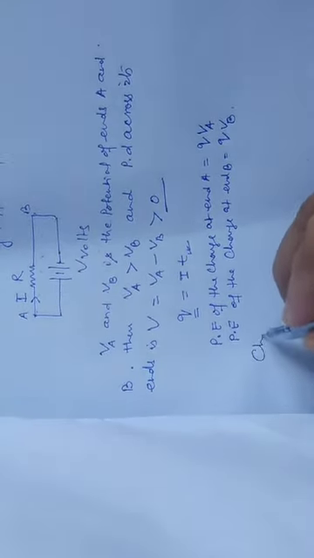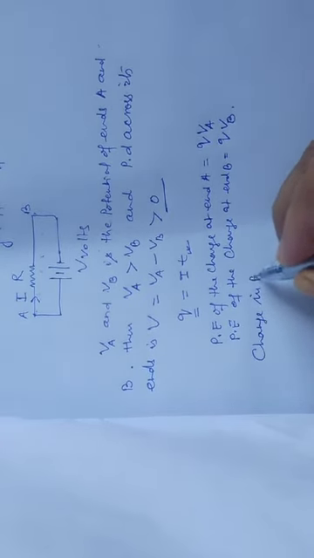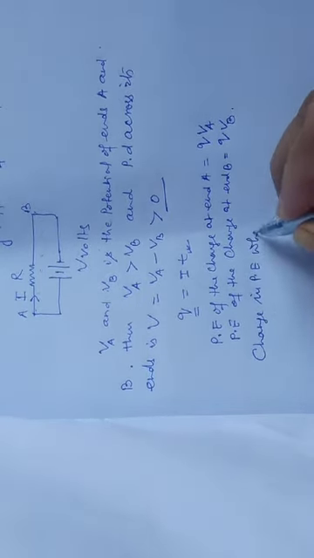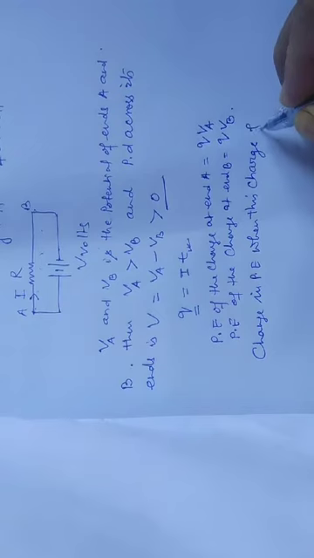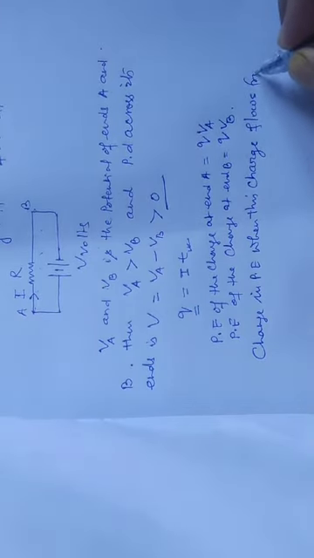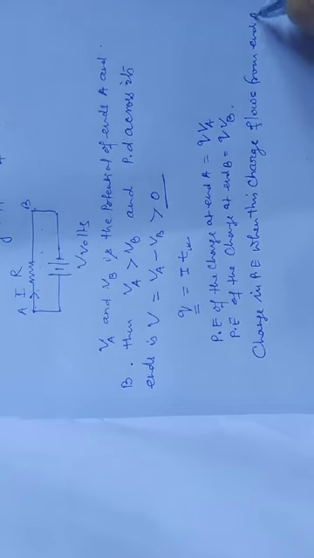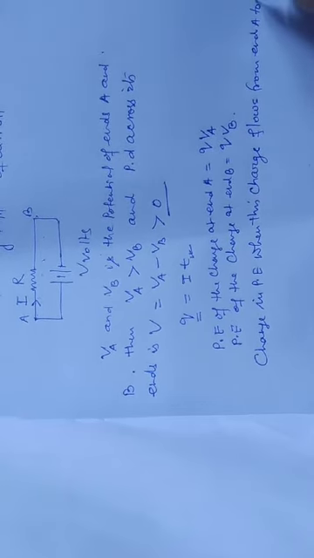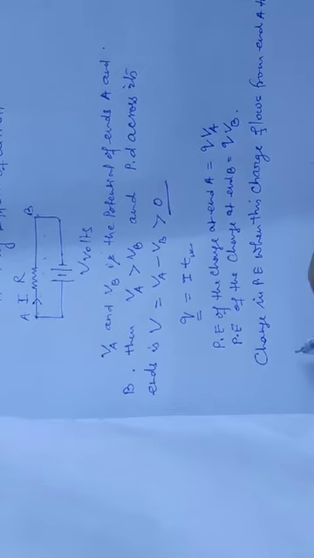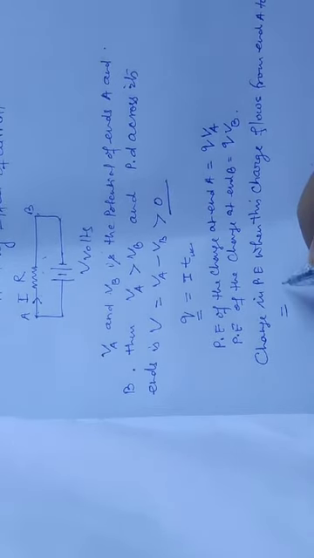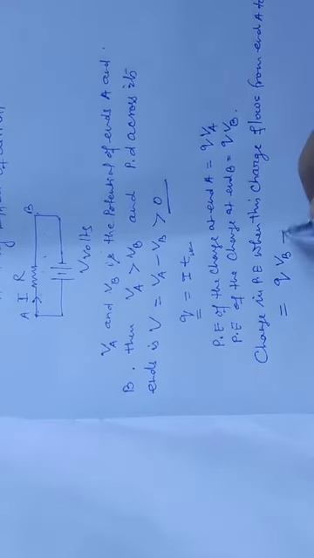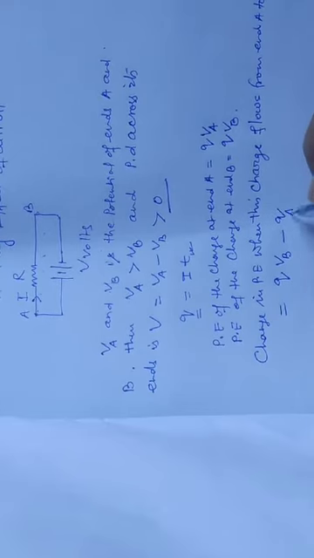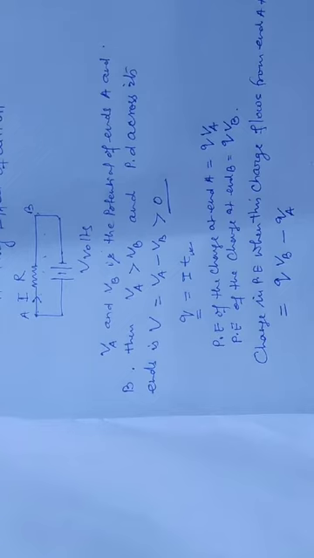So change in potential energy when this charge flows from end A to B is equal to Q VB minus Q VA, final energy minus initial energy.